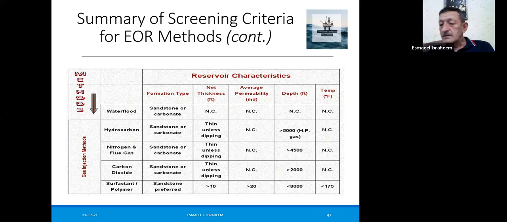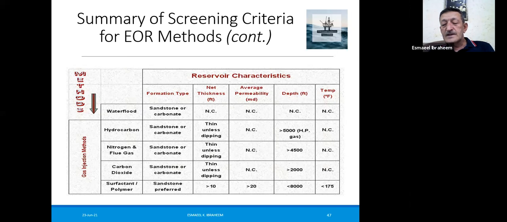Average permeability not required, not compatible. Depth greater than 4,500 feet. The temperature is not compatible also. But for example, surfactant polymer, sandstone preferred. Net thickness should be greater than 10 feet. The permeability should be more than 20 millidarcy.